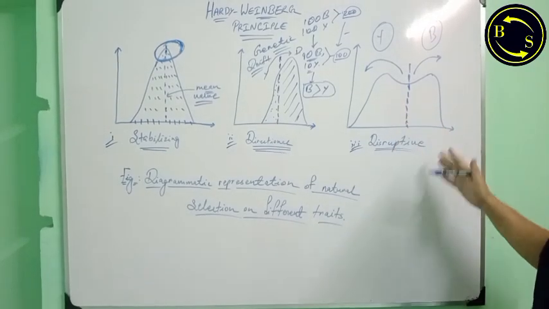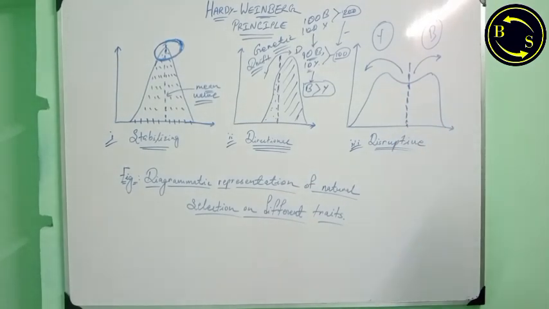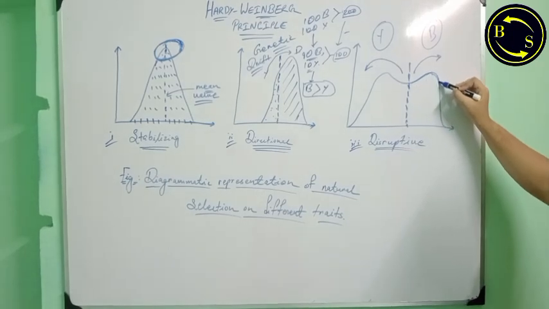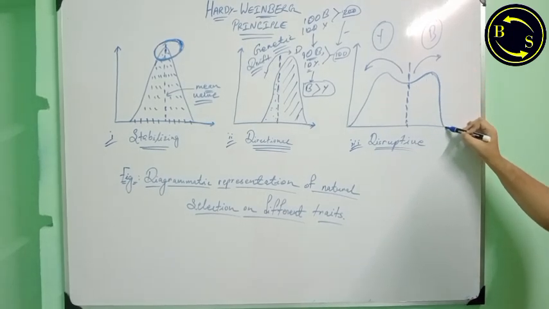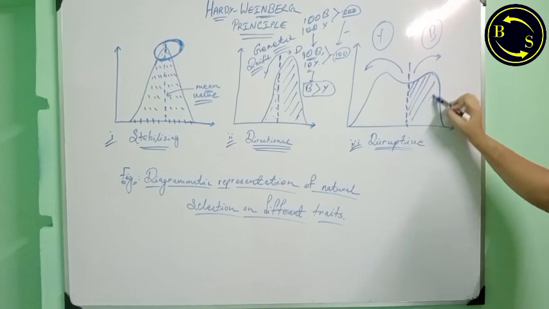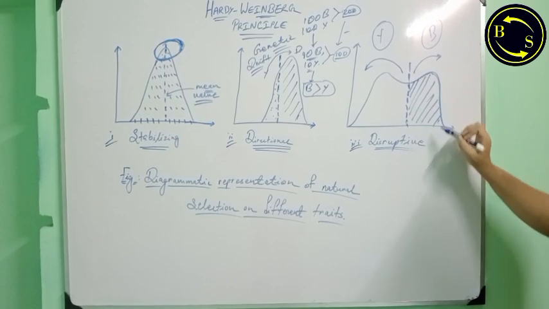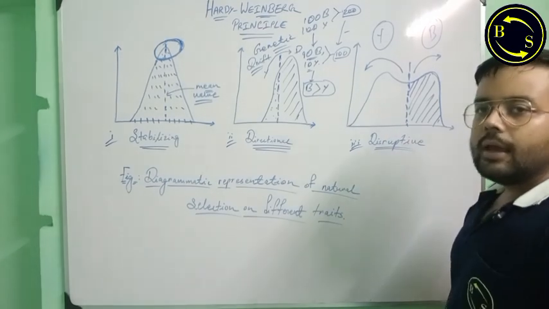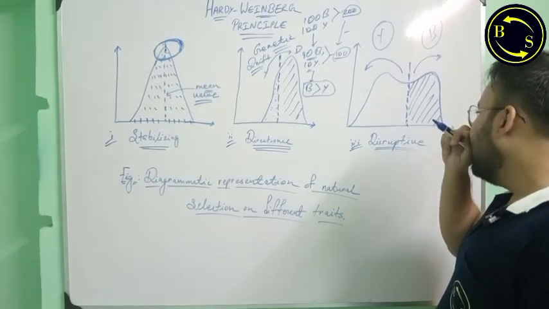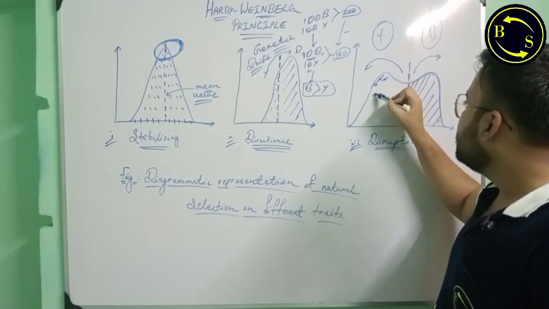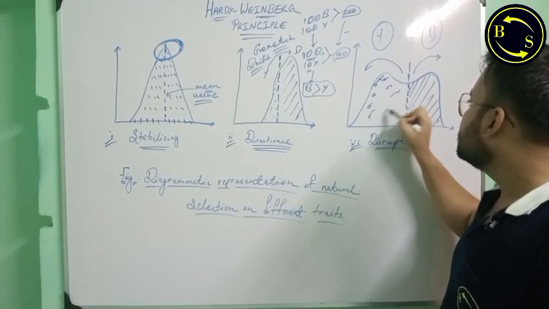So, in a single island, in one part, we will see that all the members of the population are blue type, and the rest part of the island will have individuals of the population with the yellow type.